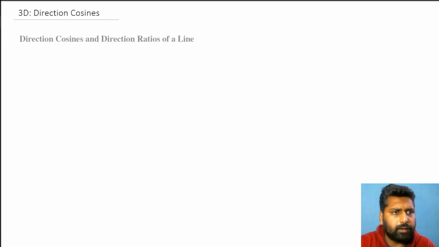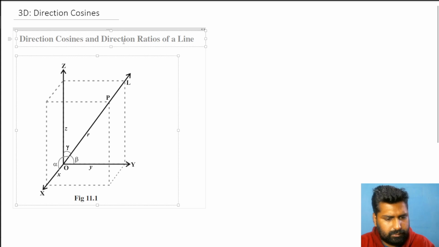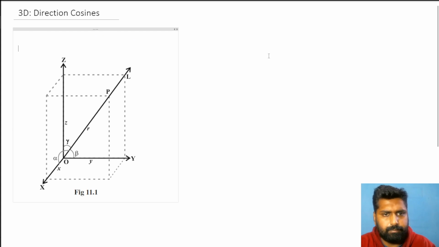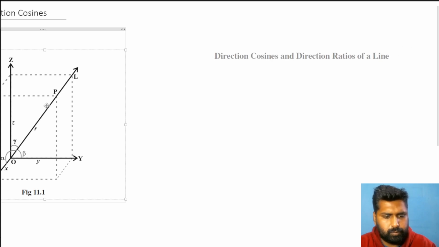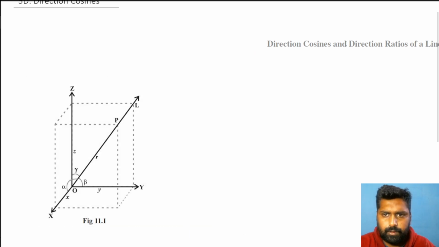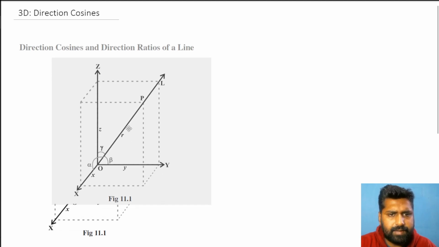Let's look at our diagram. So this time L is your line.